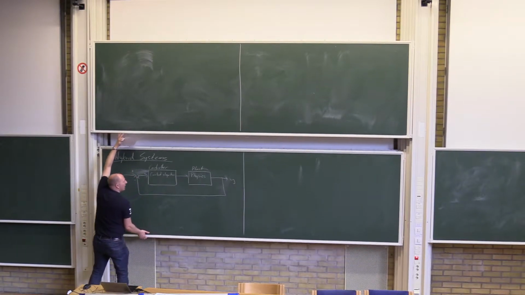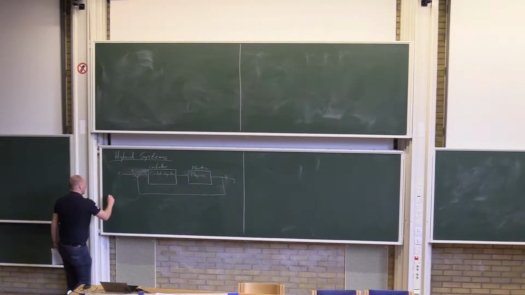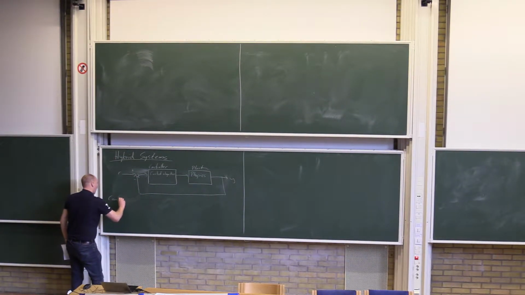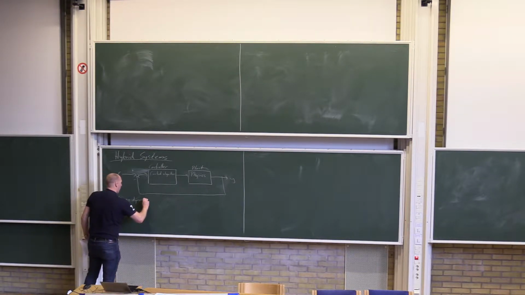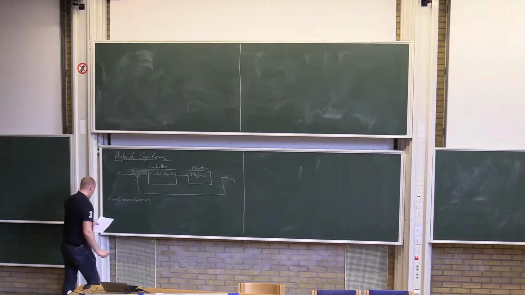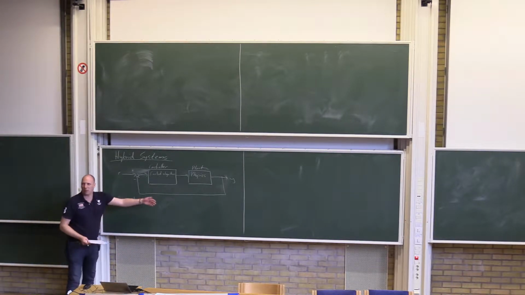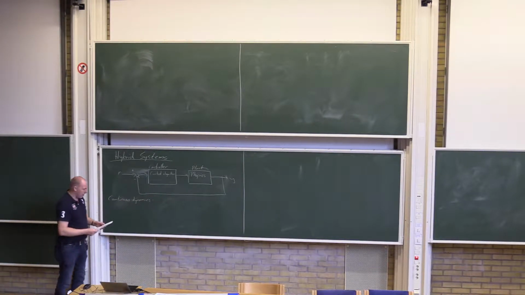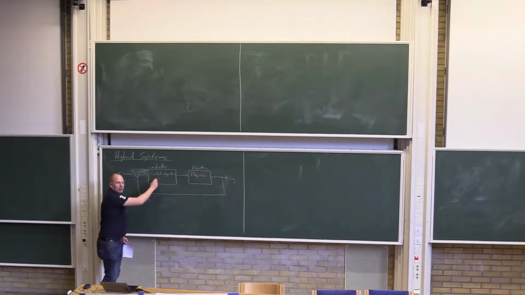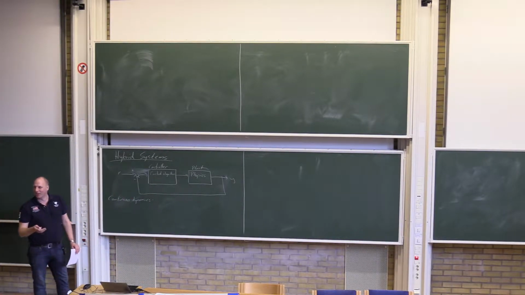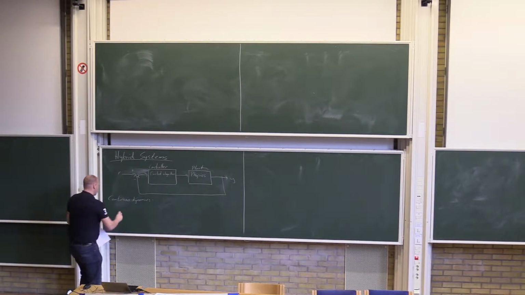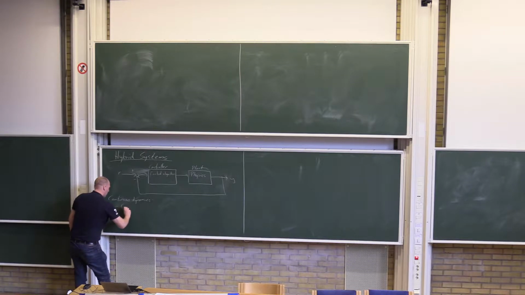And if we start to think about where we have continuous dynamics, it can be continuous time or discrete time, it doesn't matter. Of course, we have it here, right? So the control algorithms, if you have a PID controller, that is a differential equation. So we have it in the controller.